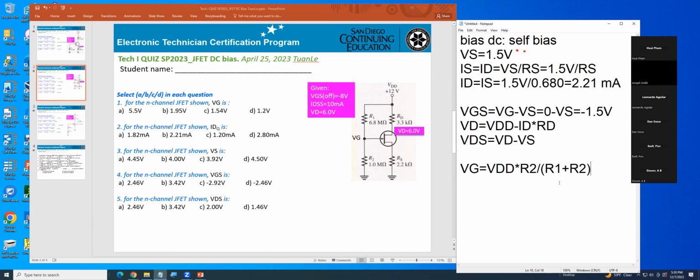Which one? 1.54. Right? Okay, good. Try to get the next one.